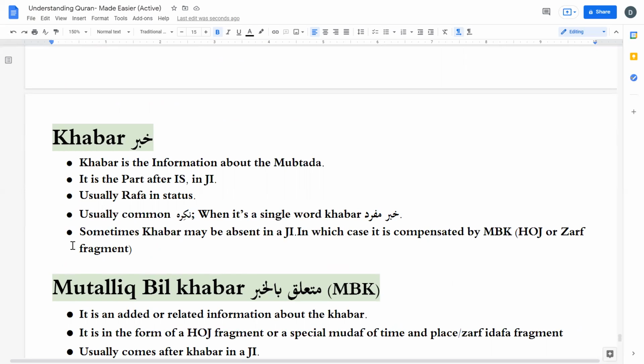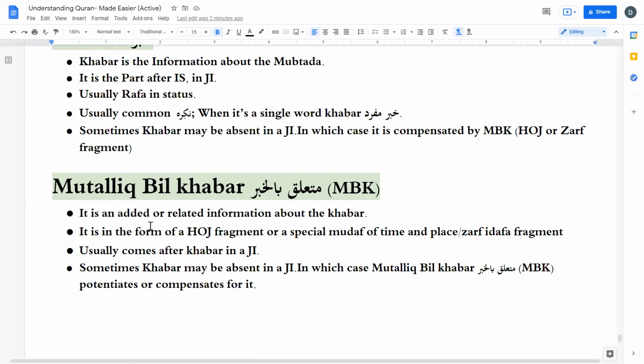Sometimes khabar may, as mentioned earlier, be absent in a Jumlah Ismiyah, in which case it is compensated by muta'alliq bil khabar. And muta'alliq bil khabar can be a harf of jar fragment or a zarf fragment. Special mudaf of time and place are also called zarf. So zarf fragment. And then points about muta'alliq bil khabar.